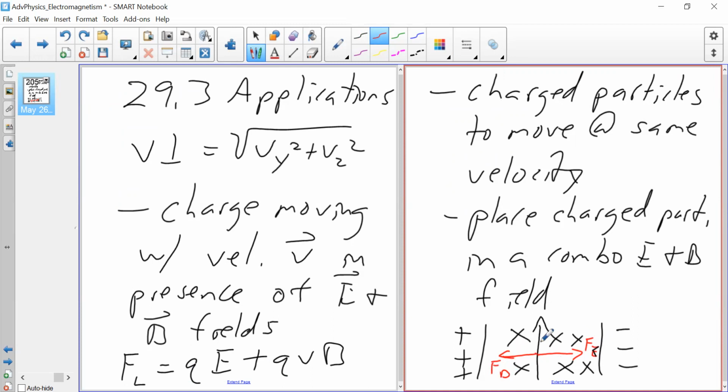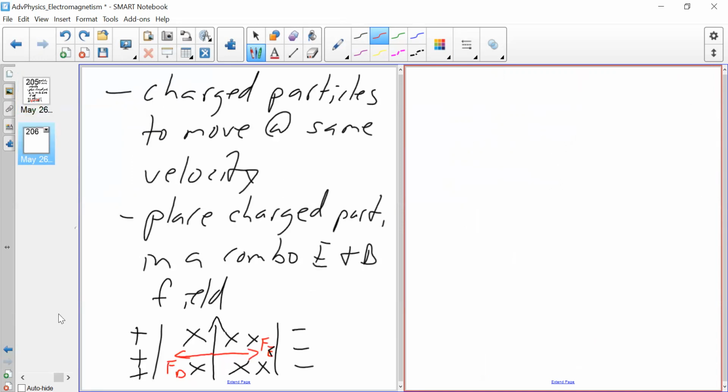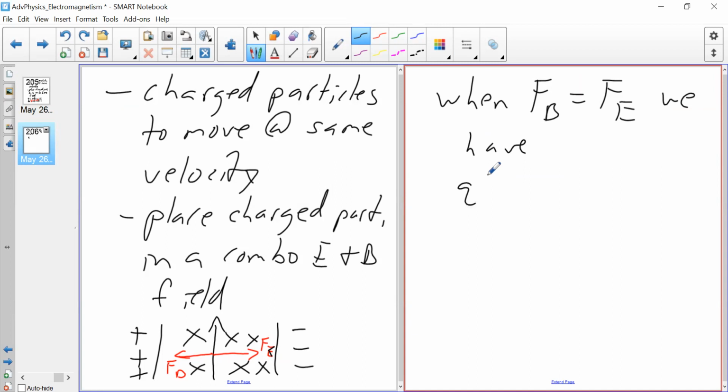Once these two are equal, this particle is going to be moving at constant speed when the forces are balanced. Newton's first law, right? So the magnetic force is equal to the electric force. QvB equals QE.